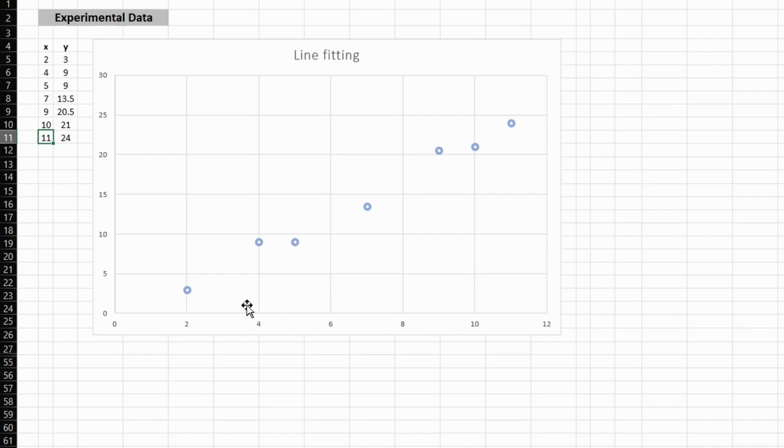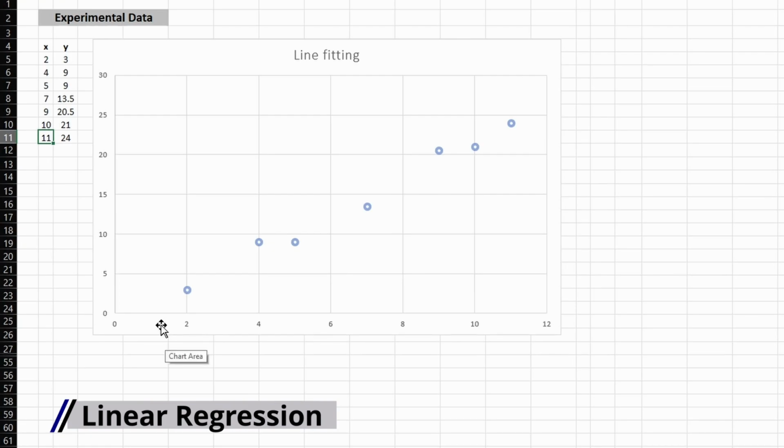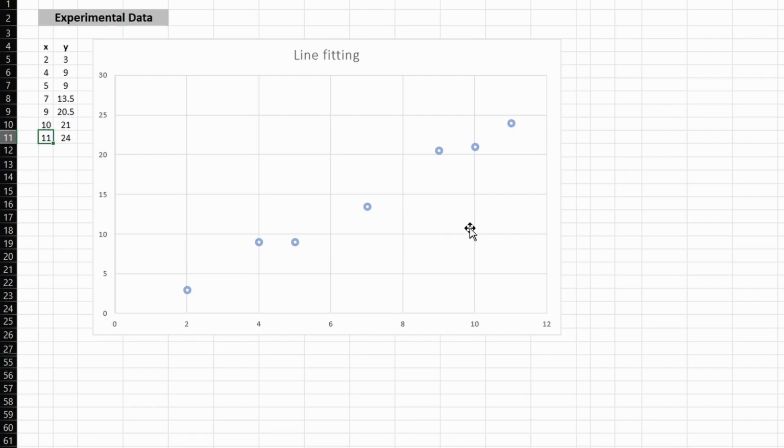So when we look at these data points, the next thing is to fit a line or fit a curve to it. I think here we would all agree that it's probably going to be a line that makes the most sense. Now the question is, how do you do that? Well, this is very simple.